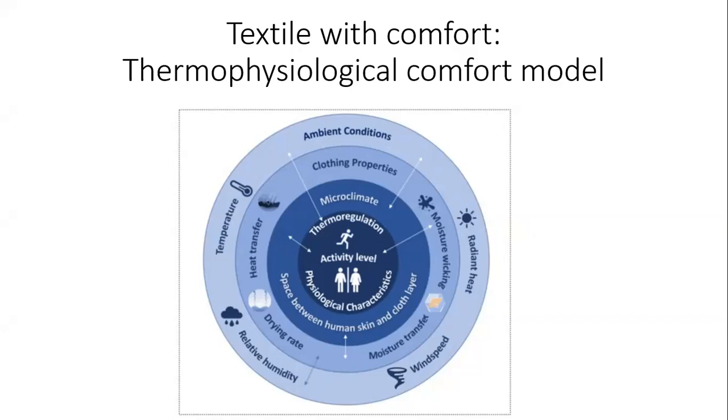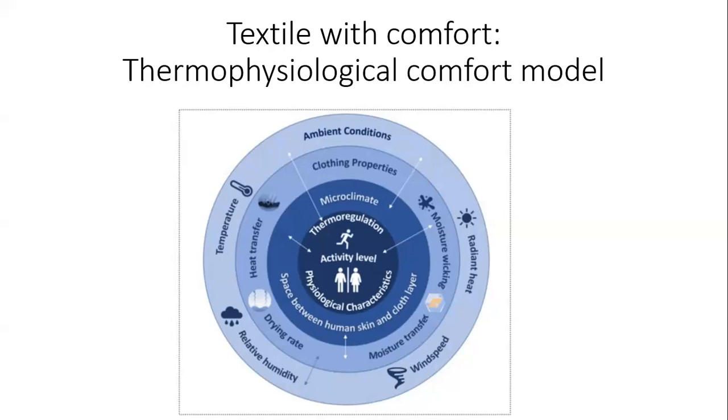So this thermophysiological comfort model is important. Here, I'm referring to this as a model. Why model? Because certain theoretical or computational aspects can be incorporated into this, and then you can develop certain equations.